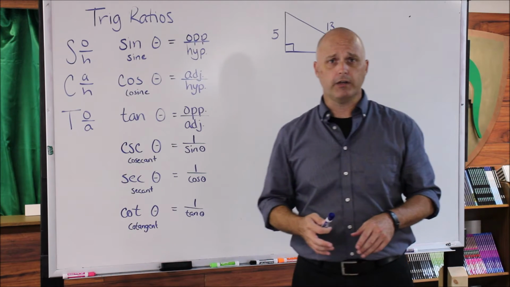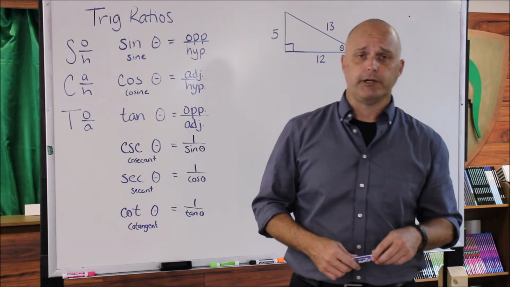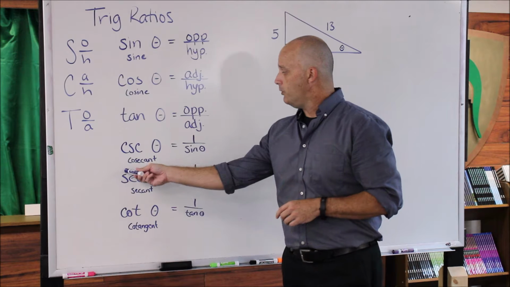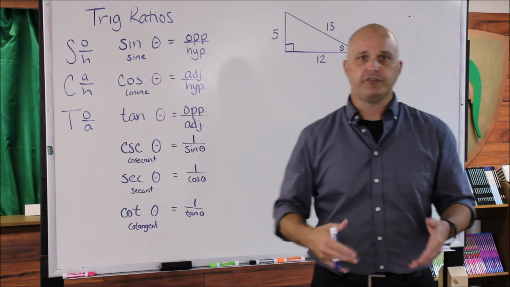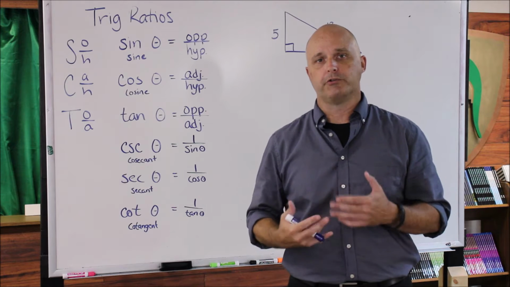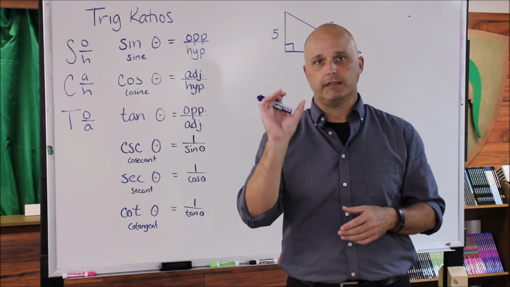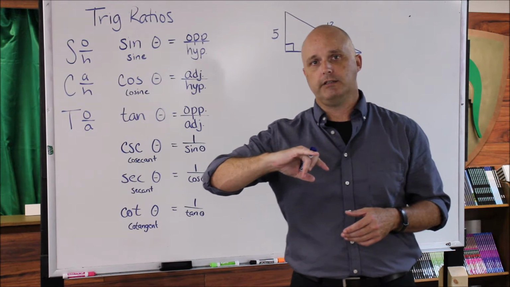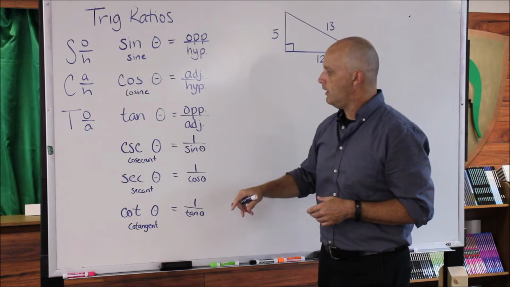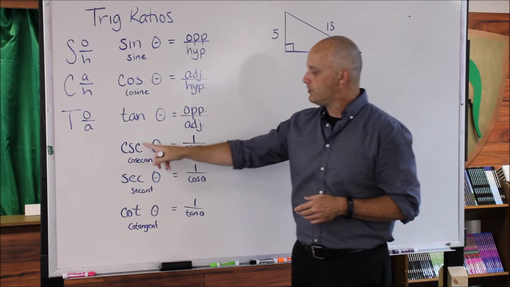Now the next thing we need to look at is the next three trig ratios, which are the cosecant, the secant, and the cotangent. And these are all reciprocal ratios. That means we're going to take the sine, the cosine, and the tangent, and flip them down into the denominator of each of these.